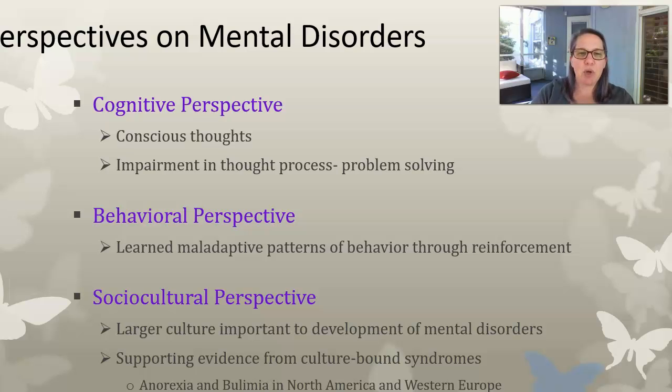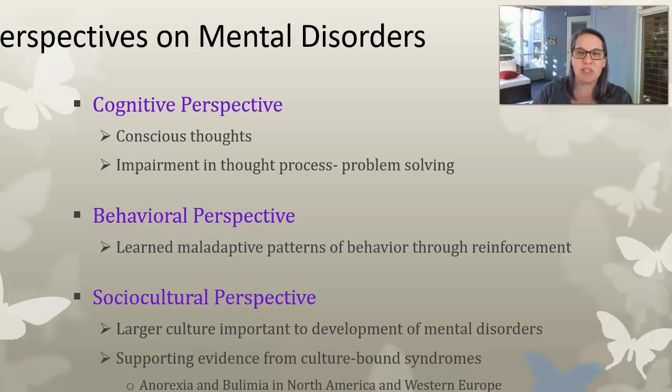And then the sociocultural perspective says that our culture that we belong to is important in influencing how mental illnesses or mental disorders are developed. There are specific mental illnesses that we'll talk about that we see in larger proportions in certain cultures than we do in other cultures.